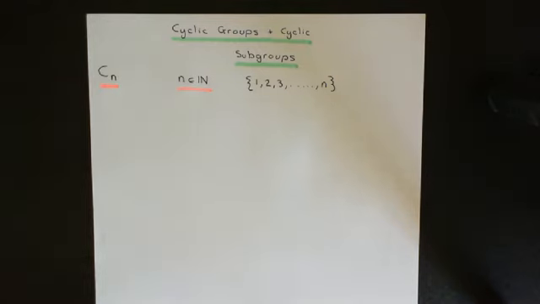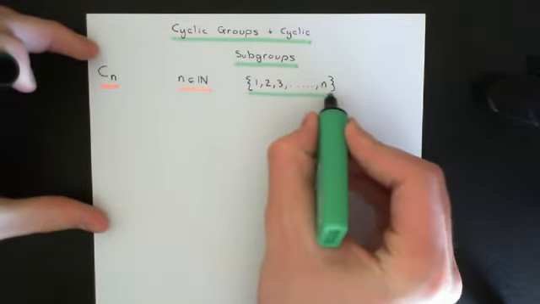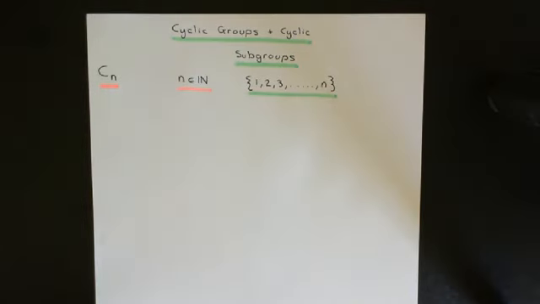Right, so when building these finite cyclic groups, Cn, for some arbitrary little n of your choice, you firstly need to consider this set containing all natural numbers up to and including little n.